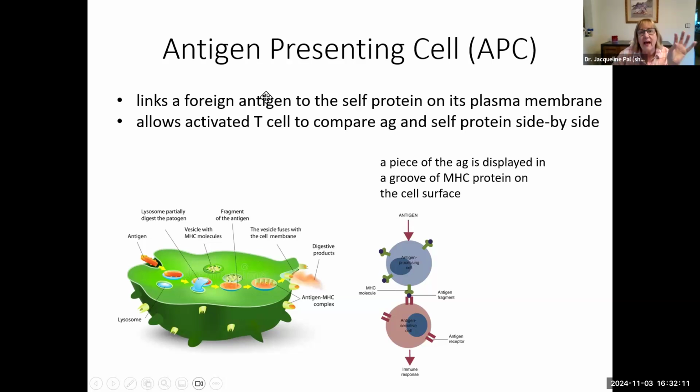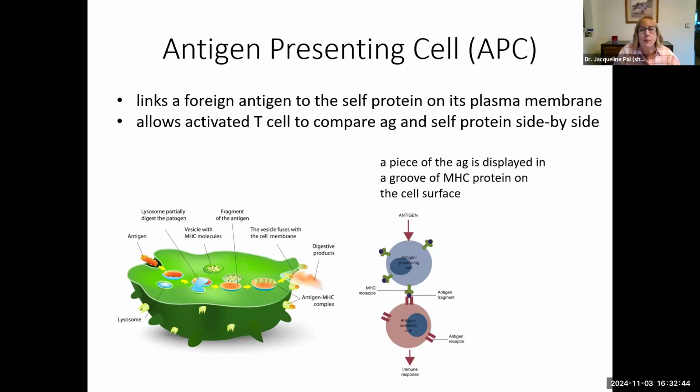So it's linking that foreign antigen to the self protein on the plasma membrane of the cell that's going to become the antigen presenting cell. And what that does, it allows that incoming T cell, the one that's going to become activated, to compare the antigen to the self protein right next to it, side by side, and say, okay, that's the self, that's the non-self.